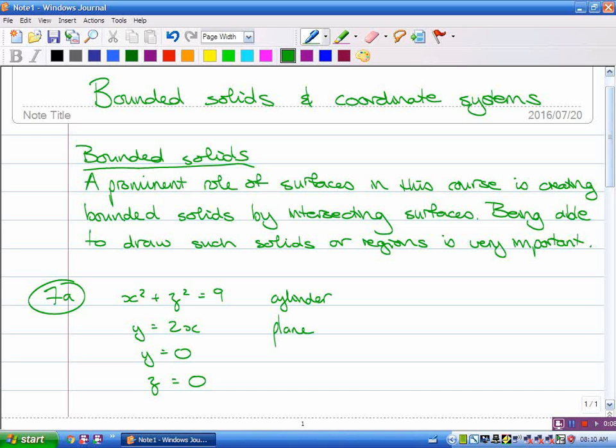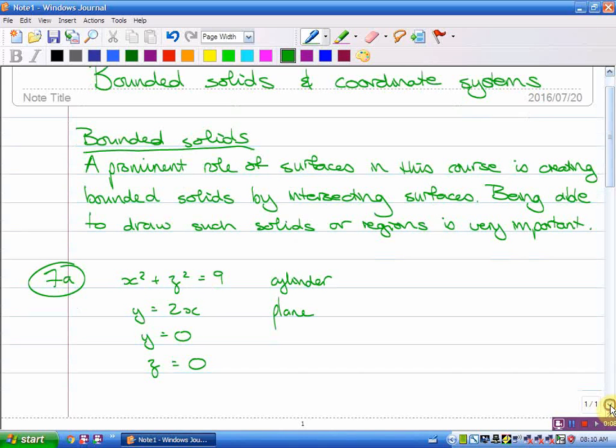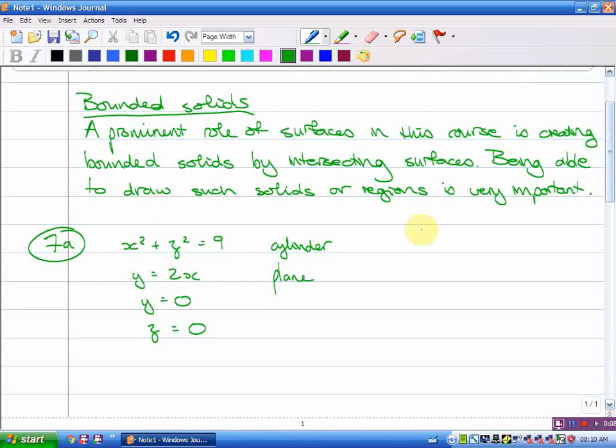So let's draw this thing. Okay, so the xz plane is that plane there that I've just labeled, and that's the y equals 0 plane. The z equals 0 plane is the xy plane.